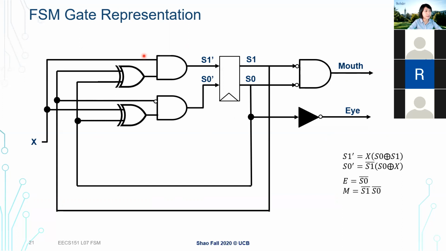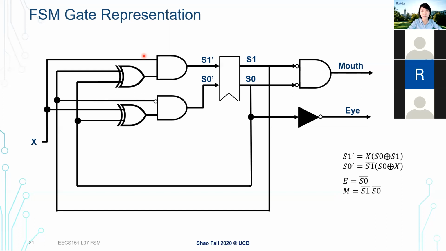So this is an example of how we can build a finite state machine. We start with the state transition diagram, understand how my circuit behaves with different state transitions, and then get to what we call the symbolic state transition table, using words to express how the states transition between different states. Then by providing a specific state encoding and also input and output encoding, we can turn that into two truth tables.